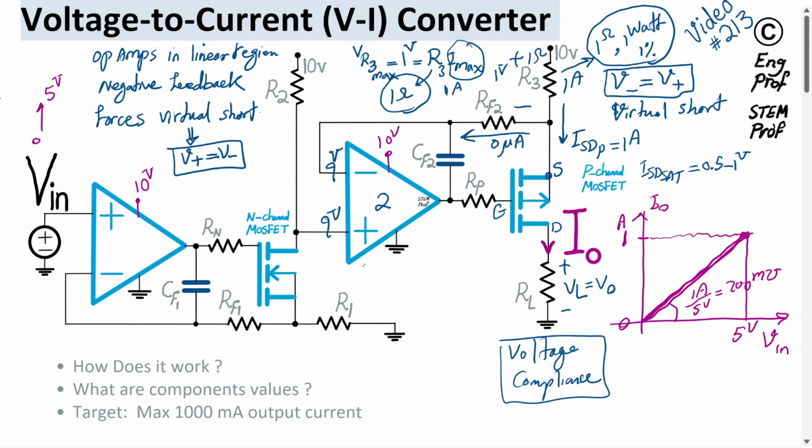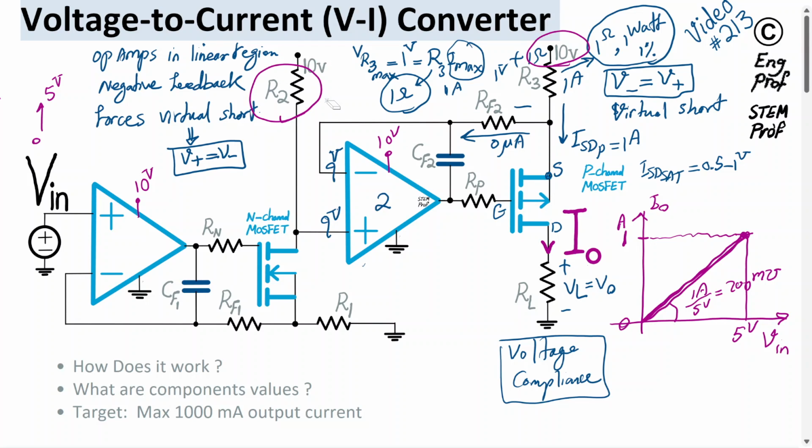All this means is, since we have 10 volt on one side of R3 and R2, and the same voltage on the other side, the voltage drop across R2 and R3 is the same.